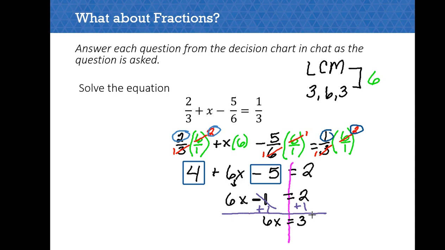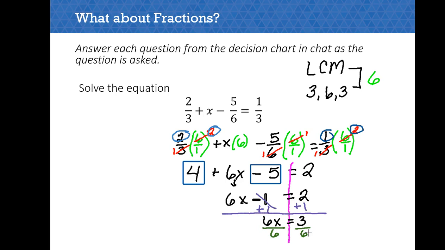Now, last question. Is there a coefficient with the variable? In other words, is there a number other than 1 being multiplied by the variable? Well, in this case, yes, because it's 6x. And so in that case, I would divide to solve for the variable. Since it's multiplied, the inverse operation this time would be division. So I'm going to divide by 6. And what I do on one side of the equal sign, I have to do on the other.